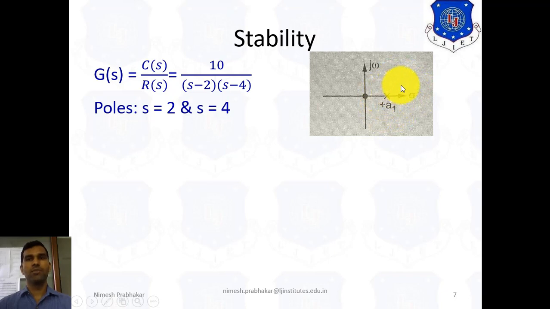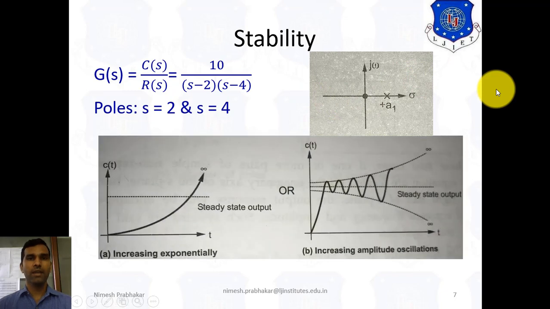So by definition we cannot say this system is stable, because by definition the poles must be in the left hand side. So this is not a stable system. The graphical representation of this system is like this. This is an exponential function but in increasing order.